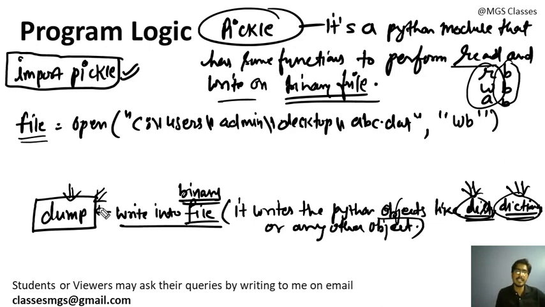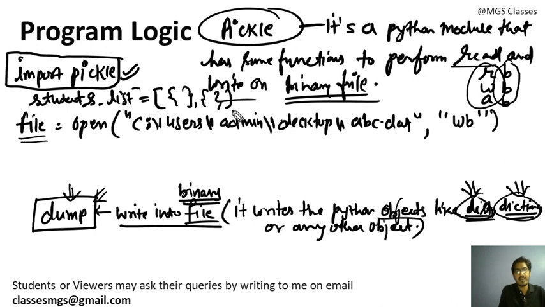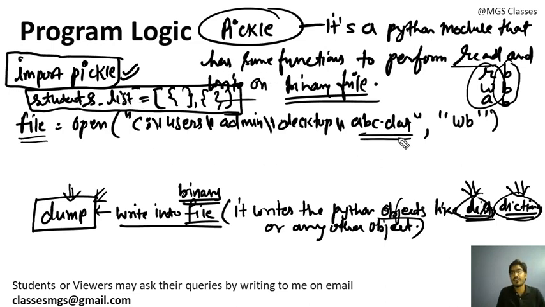So in our case, what is the list? The students list, which contains dictionary kind of data we created some time before. This list you want to write into the binary file, let's say abc.dat.